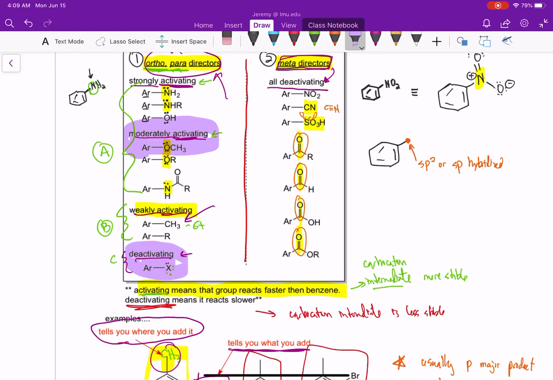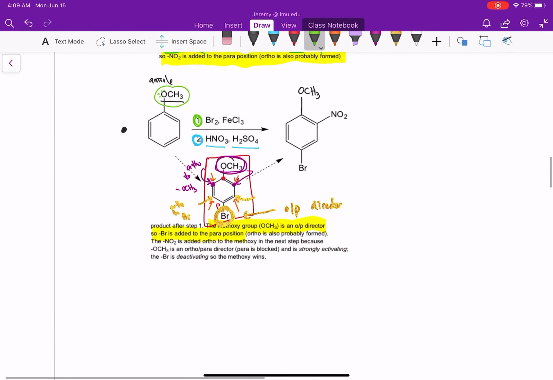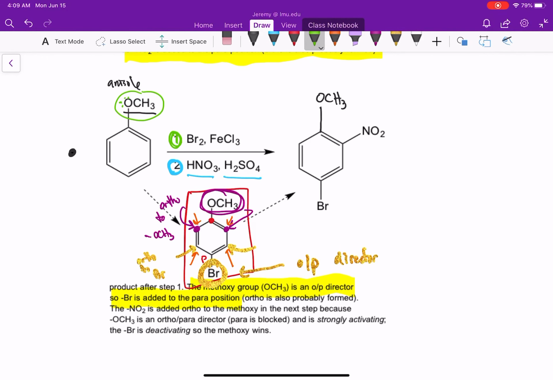So when there's a disagreement, you're going to decide where it goes by whether it's activating or deactivating. So strongly activating is the best, then moderately, then weak. Deactivating is the worst, right? So if we scroll back here, we see that this OCH3 is activating, the bromine is deactivating, so we're going to follow where the OCH3 is directing the nitro to add.